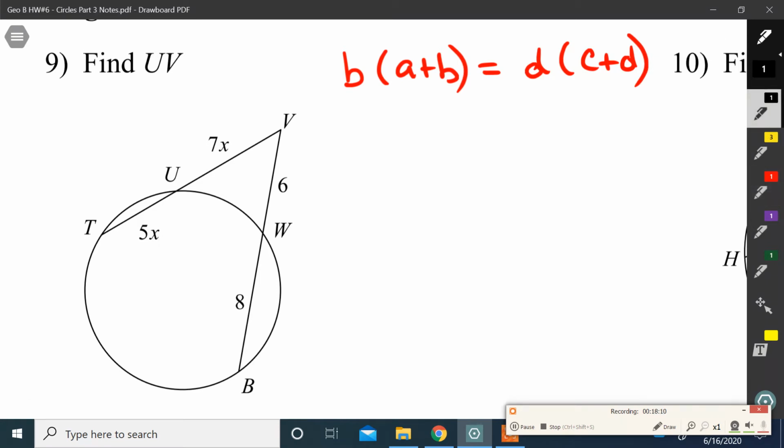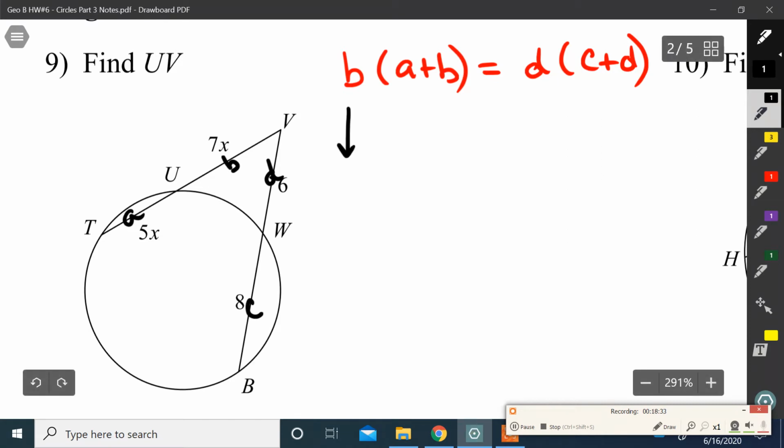Then I have to define what's a and then what's b. Well, we're going to say that this is a, then this must be b. And then c, and then d. How do I figure which one is which? Just look at the picture on the formula sheet, guys. It's not that complicated. So we have b, in this case, will be 7x.